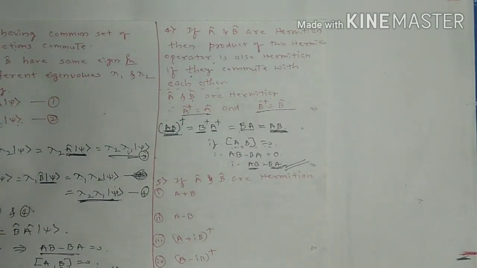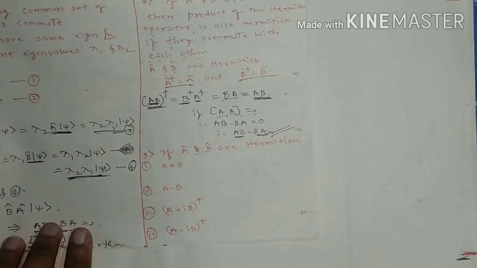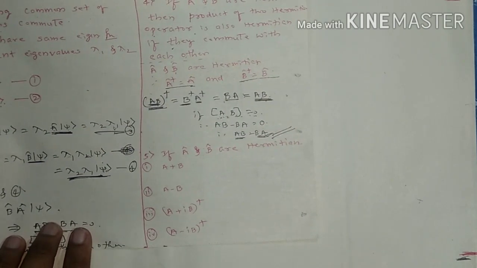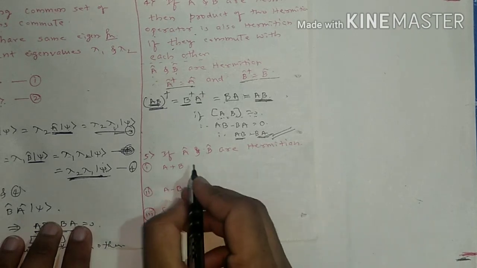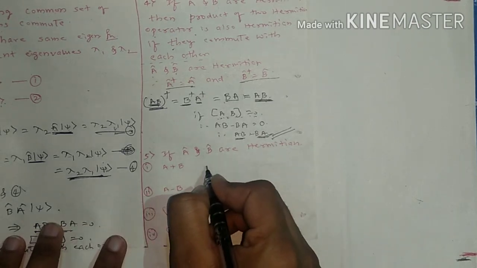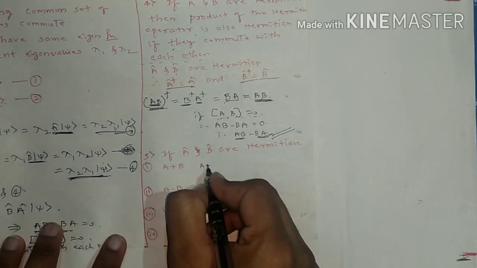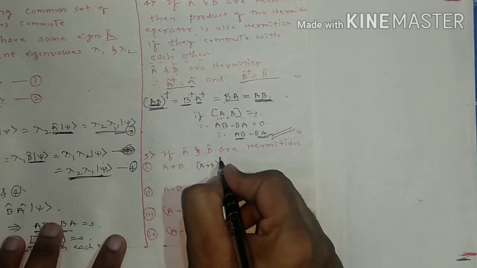Again, a few more simple ones. If A and B are Hermitian, then let us check whether A plus B is Hermitian or not. For that, we take A plus B and we take the dagger of that.